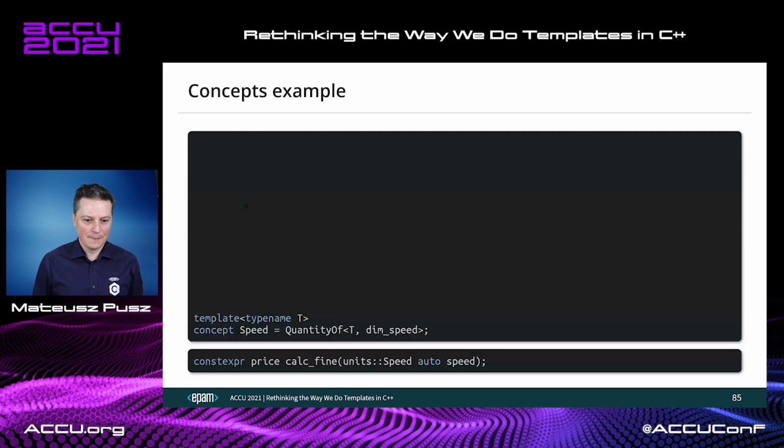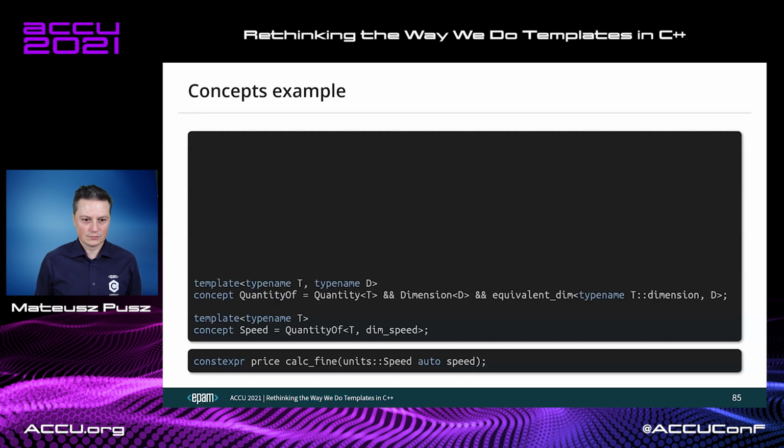For example, in my library, if I want to implement a function called calculate fine for speeding, I'm returning a price here, getting speed. Speed may be a concept that is quantity of dimension speed, where quantity of requires T to be a quantity, D to be a dimension, and basically the dimension to be equivalent to the dimension specified by the quantity provided.